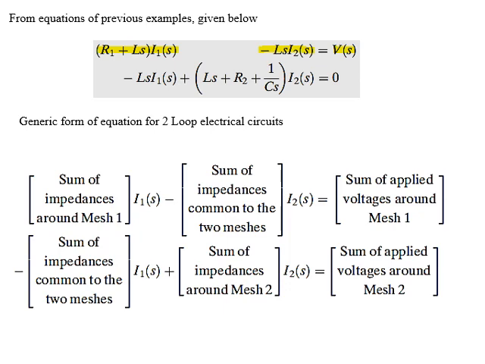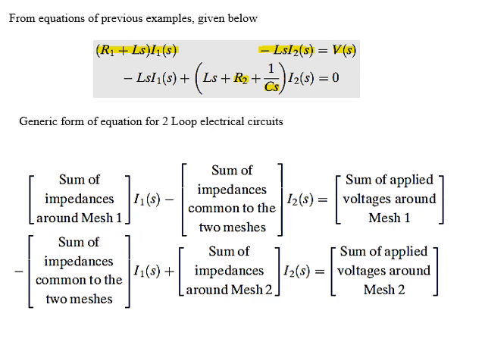And for the second mesh, we observe that the capacitor and resistor R2 are present in the second mesh, and again the impedance of the inductor is common between both meshes.